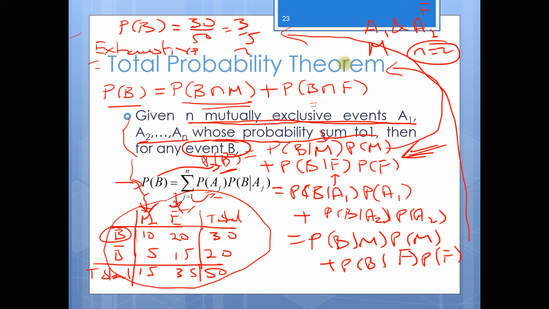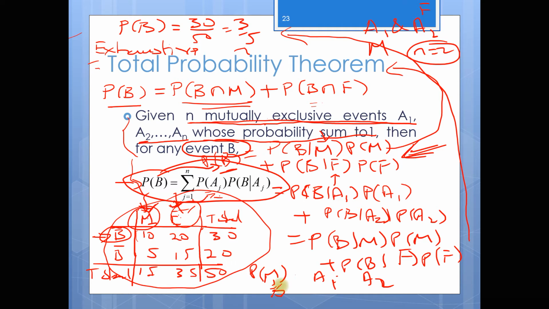But just ensure that these two events that we are referring to here, if we are evaluating the probability of B, are mutually exclusive. If I were evaluating the probability of M, according to this notation here, M would be my B. And what would be the A's, the A1 and the A2? You can answer yourself.